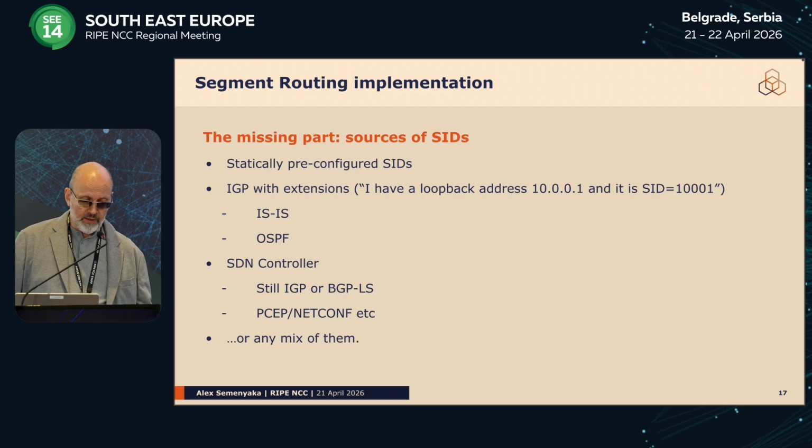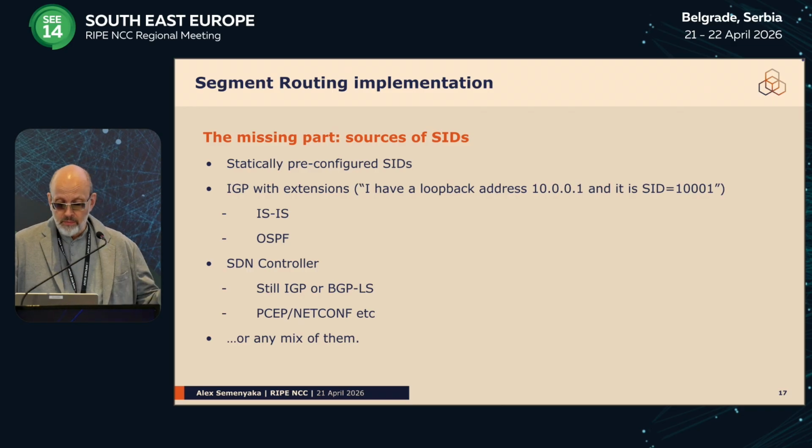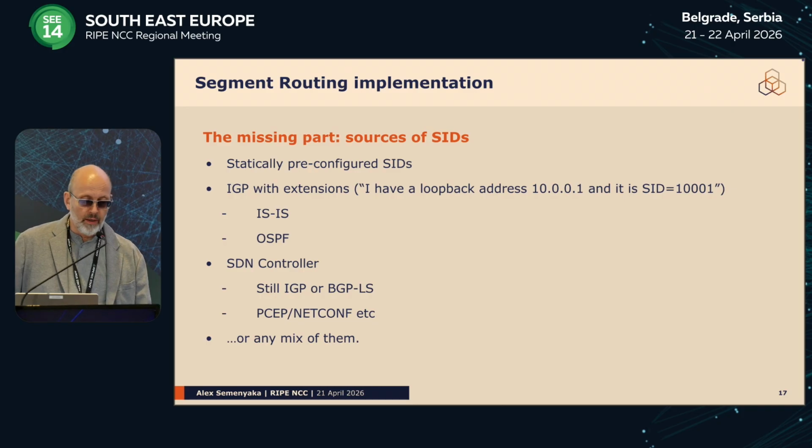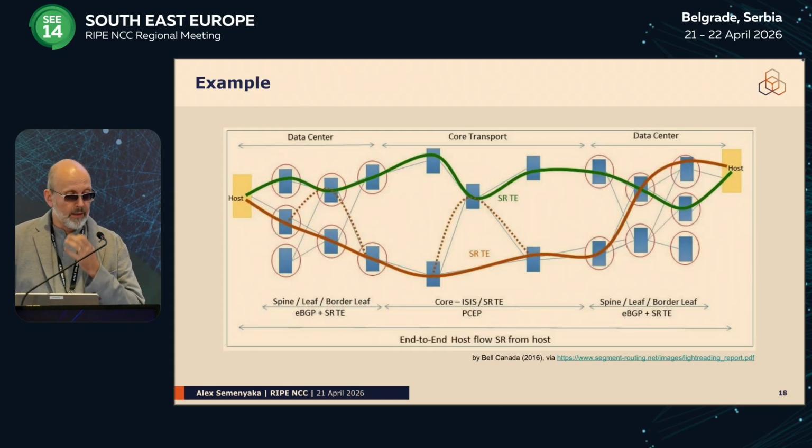And the routers still have some zone of responsibility where they are deciding. And here you can use the same IGPs, or you can use BGP-LS link state, or you can use once again PCEP protocol or NETCONF approach, and you can mix them. So that's the dream.